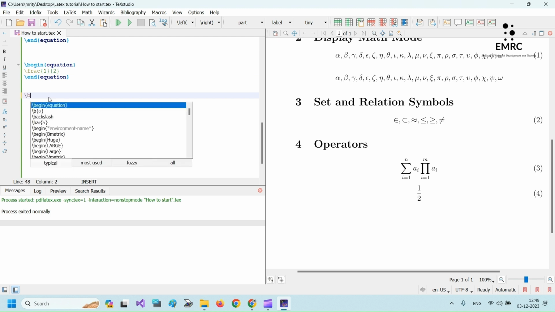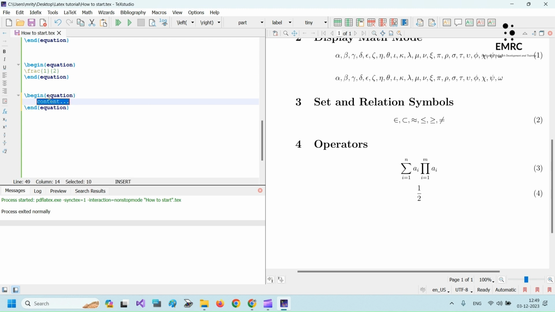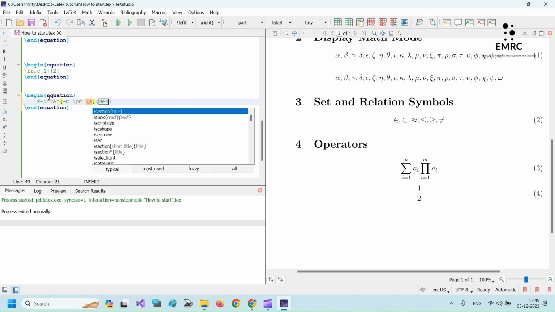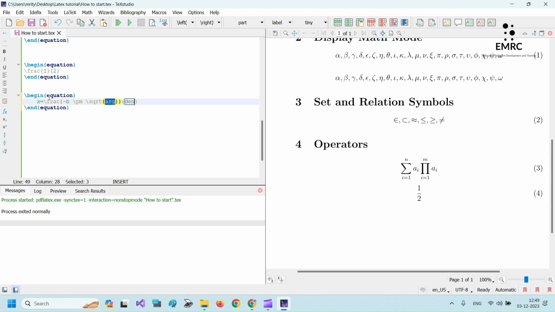Now we write another equation like begin equation, x is equal to frac. Now in this bracket we have to write minus b plus minus square root b square minus 4ac, and in denominator is 2a.